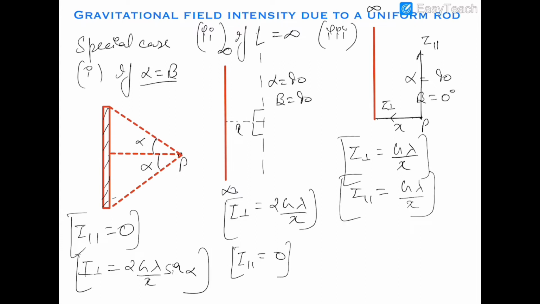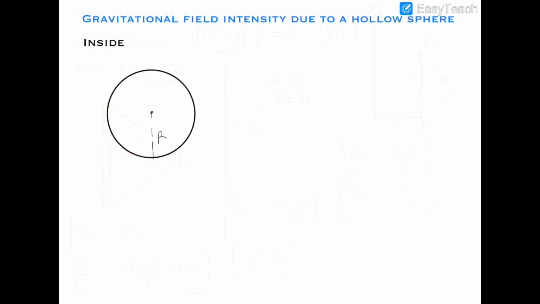So these are some cases of this rod, and now let's move on to the next extended mass. In this case, this is a hollow sphere of some mass m and radius r. Now we have to find the gravitational field intensity inside this hollow sphere.